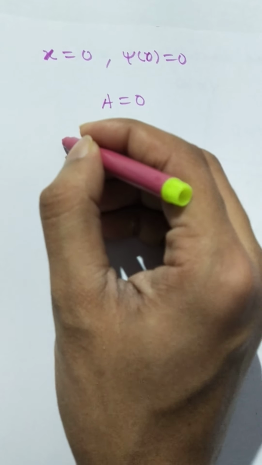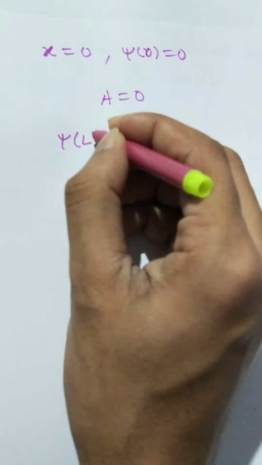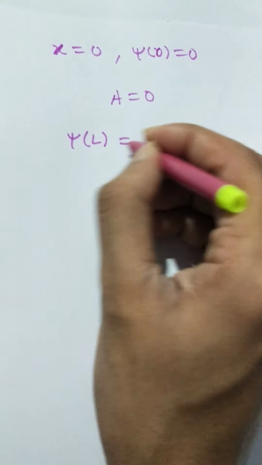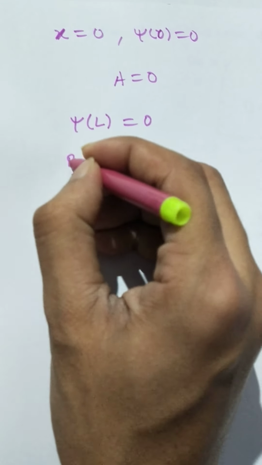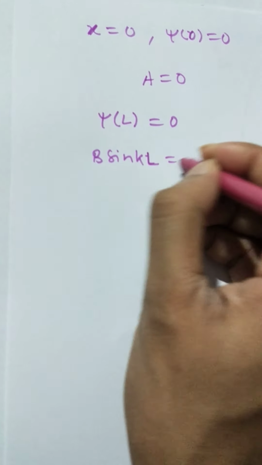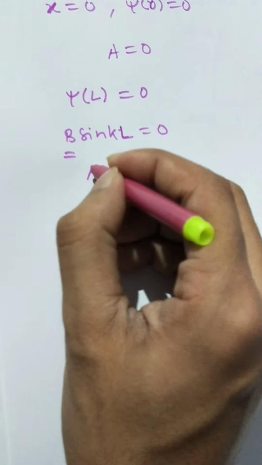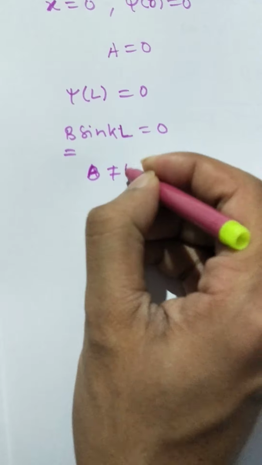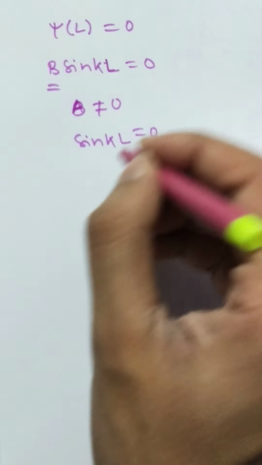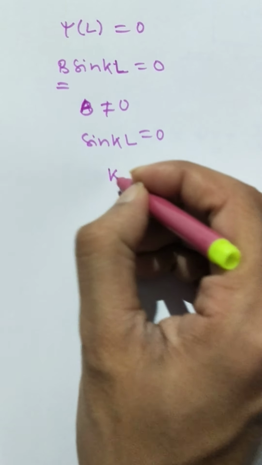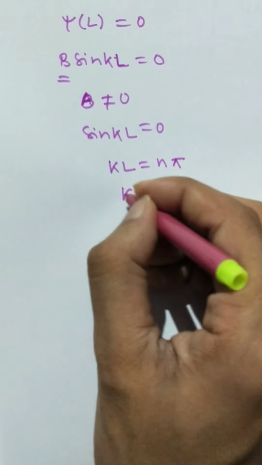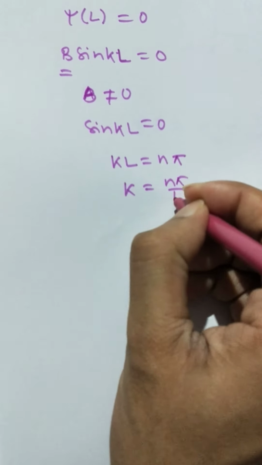Now again psi of L equals 0, then we get b sine kL equals 0, where b is a constant, so b is not equal to 0. Then sine kL equals 0, then we get kL equals n pi and k equals n pi by L.